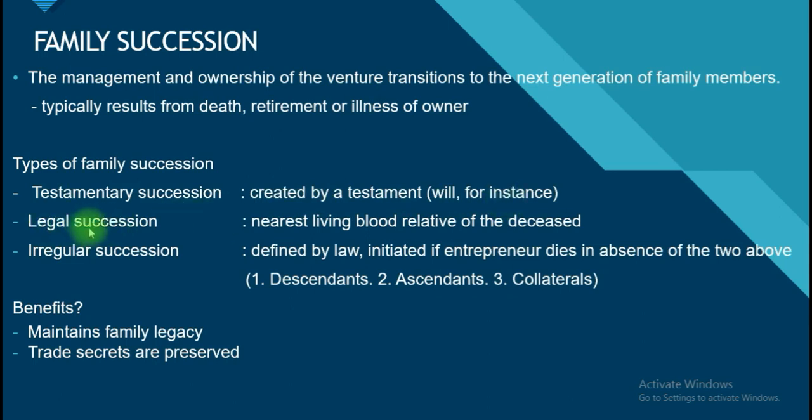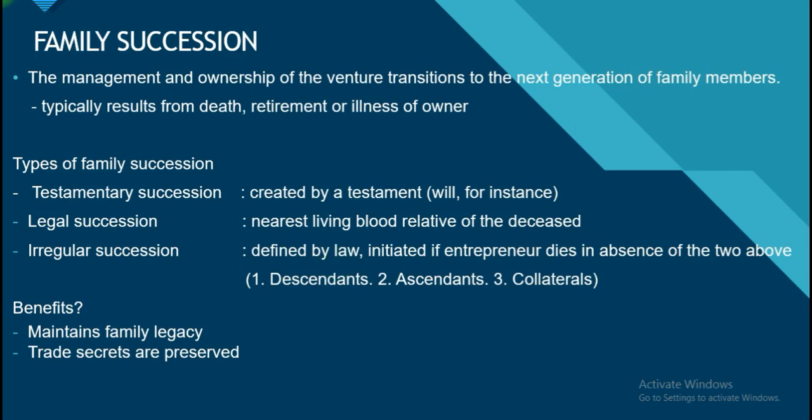There's also legal succession, and this is where the nearest living blood relative of the deceased would take over the business. And there is also irregular succession, where the law would come in to stipulate what would happen.